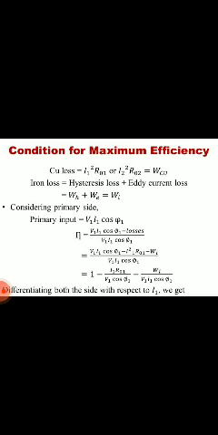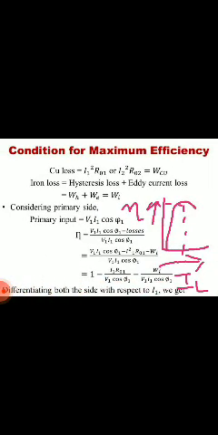When we solve it we will get 1 minus I1 R01 divided by V1 cos phi 1 minus iron losses divided by V1 I1 cos phi 1. Now we will differentiate both sides and we will get the maximum efficiency of a transformer.